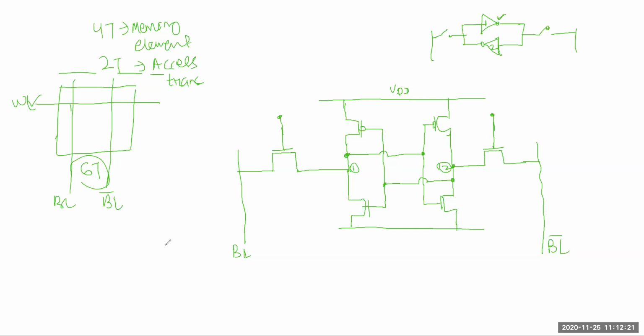Suppose I am giving names. This is M3, this is M4, this is M1, M2, M5, M6. So the gates of M3 and M4 will connect to VDD according to you. Why are you thinking it will connect to VDD?